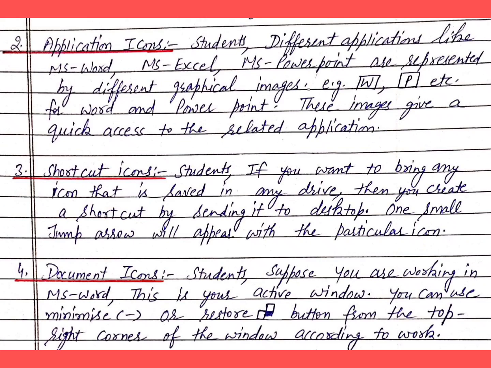Number 2, application icons. Students, different applications like MS Word, MS Excel, MS PowerPoint are represented by different graphical images. Example, W, P, etc. for Word and PowerPoint. These images give a quick access to the related application.